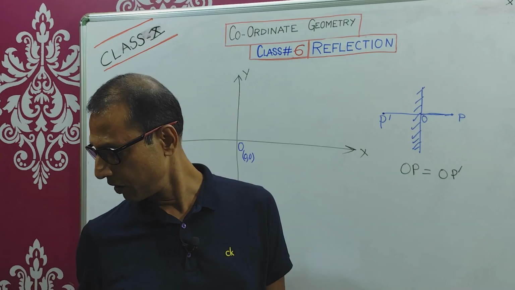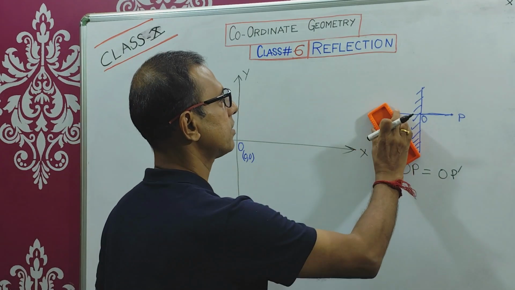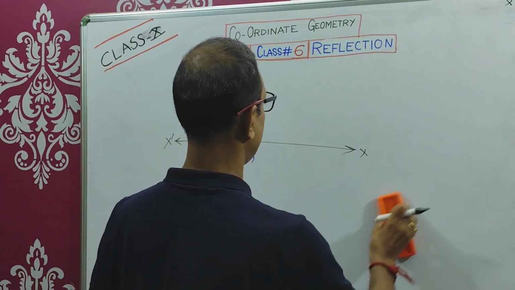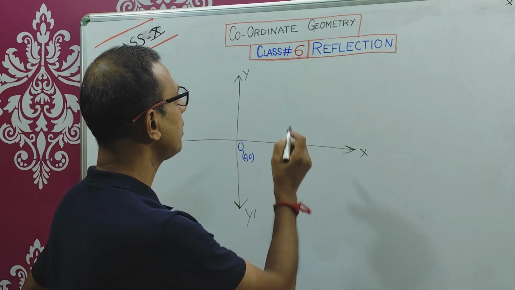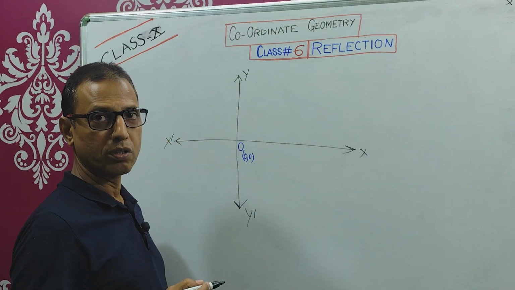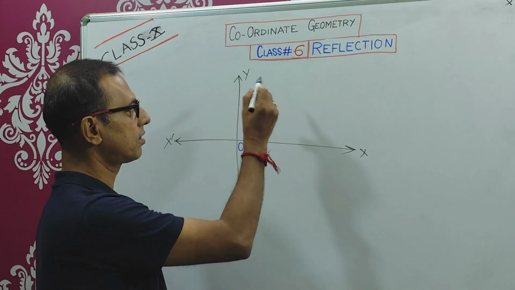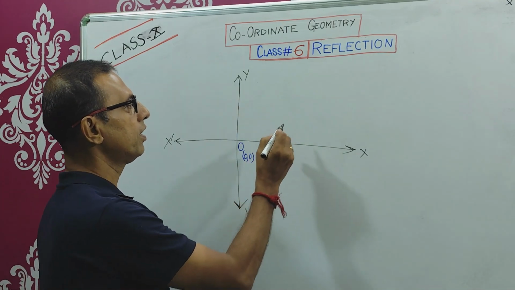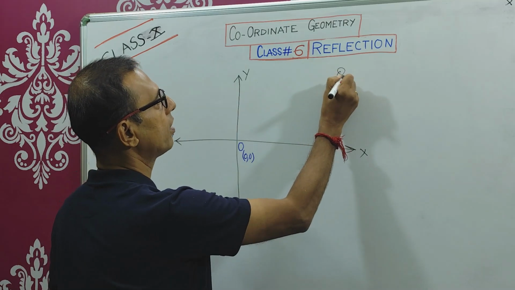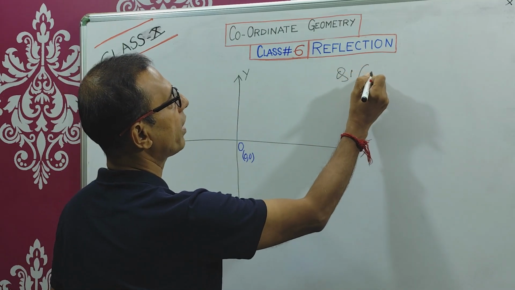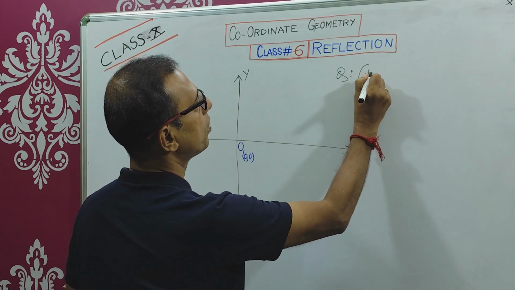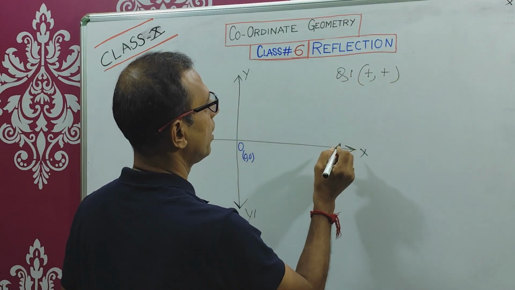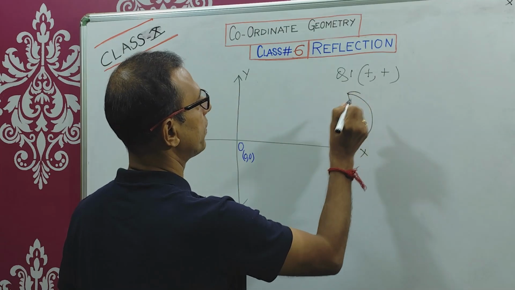Now that is what we are going to use for this reflection chapter in mathematics with respect to quadrant and axis. Even though you will go through class 1 or 2, I am still telling you: this is the first quadrant, Q1, where both the x and y coordinates are positive, and you move in the anti-clockwise direction.